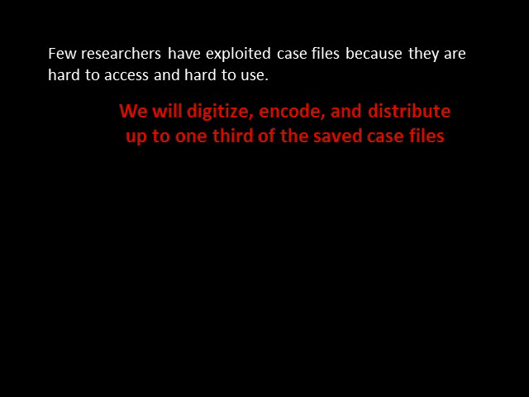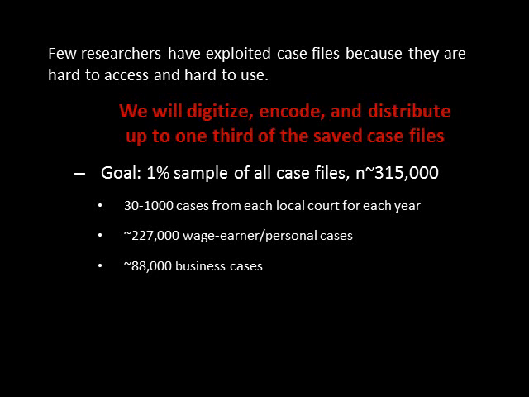We will digitize, encode, and distribute up to 1/3 of the saved case files in this project. So the goal overall is a 1% sample of all case files, about 315,000. We're aiming to get 30 to 1,000 cases from each local court in each year.